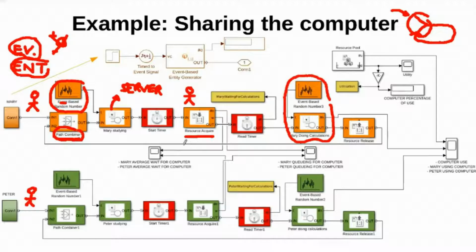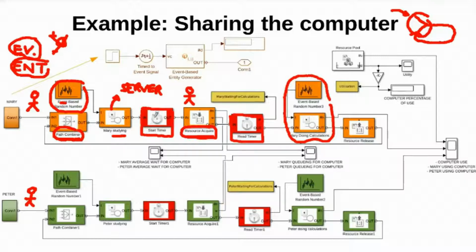So the general idea is that Mary, in order to switch from studying to doing calculations, needs the calculator, well, the computer, to be idle. That's the reason why this resource acquire block is placed here between the Mary studying process and the Mary doing calculations. The question is, why have I placed the start timer block and the read timer block?